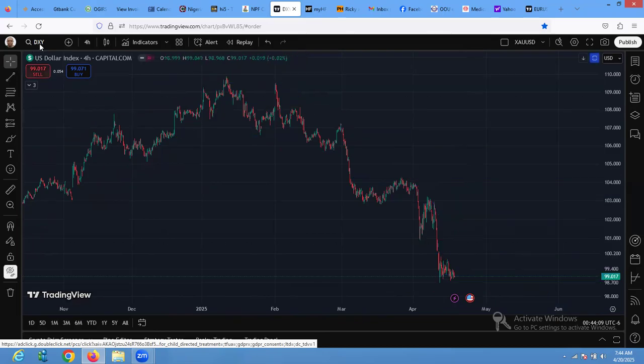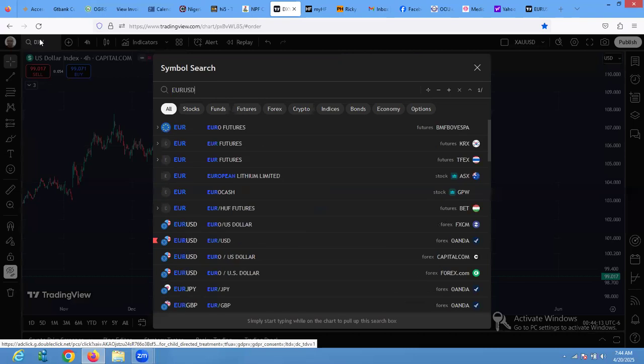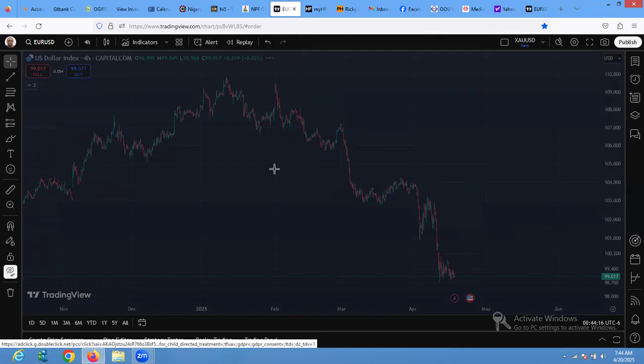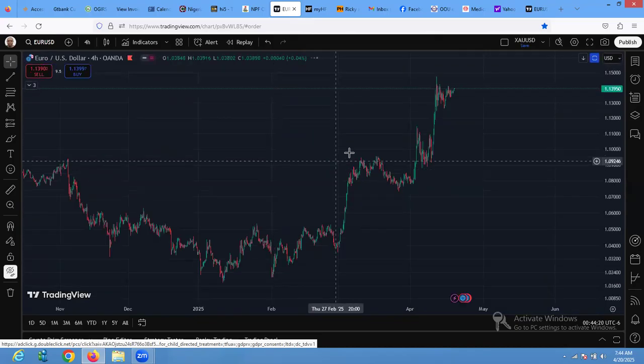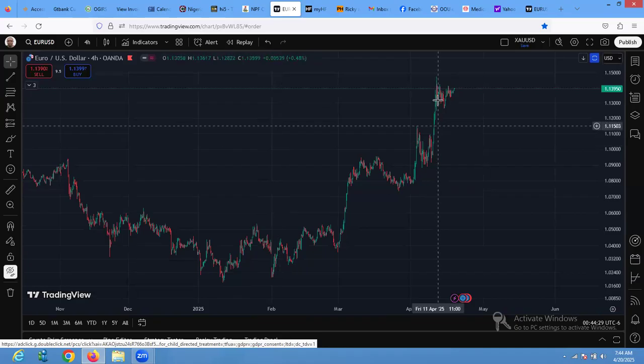With that said, that is what we are going to be looking at on other instruments. For euro dollar, we believe that this is the wave 4 of the internal structure of this.